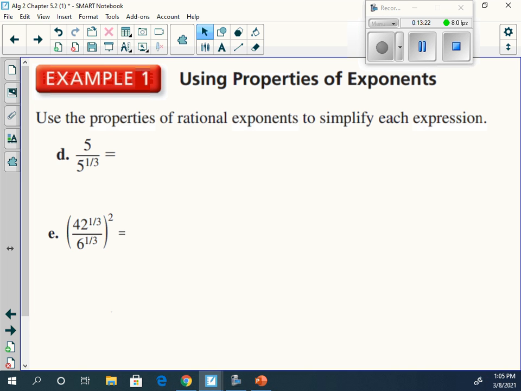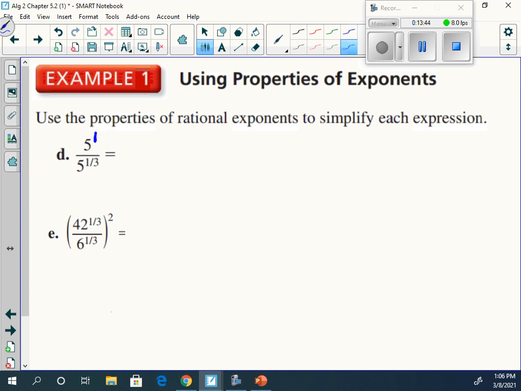Okay, let's look at more of the properties of these exponents. So next what we have is 5 divided by 5 to the 1/3. Because the bases are the same, we can subtract the exponents.